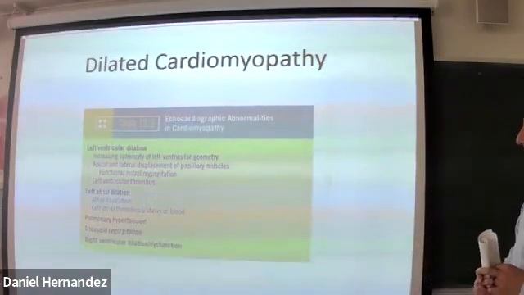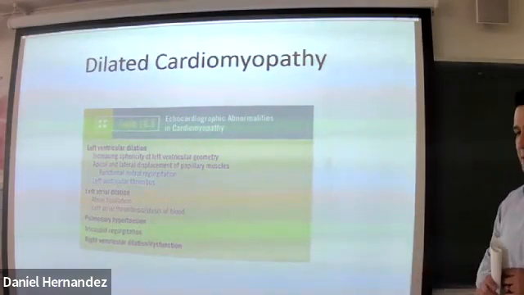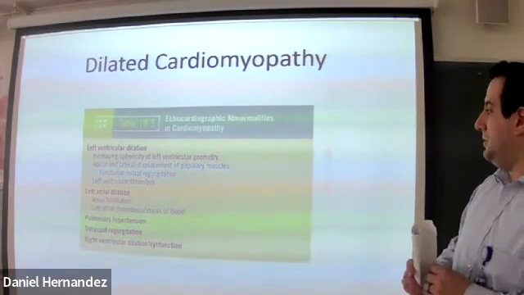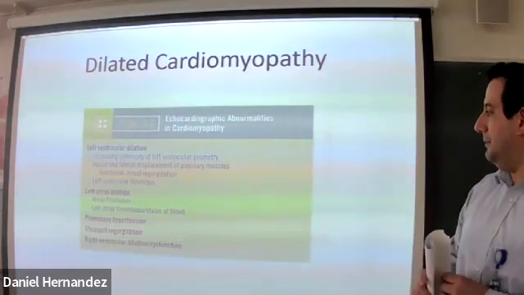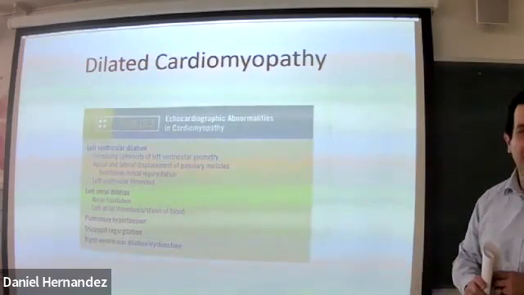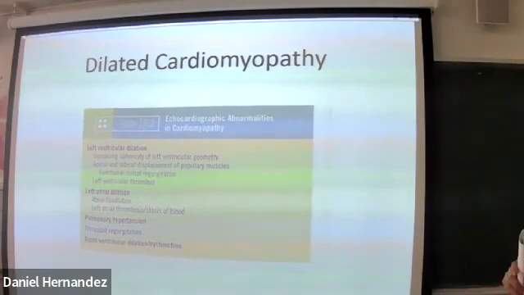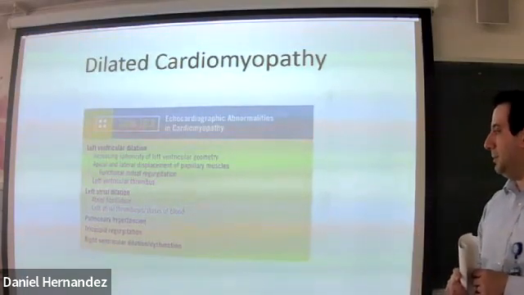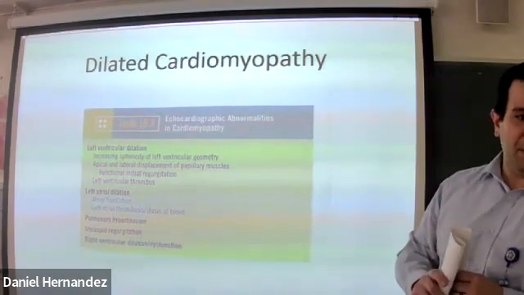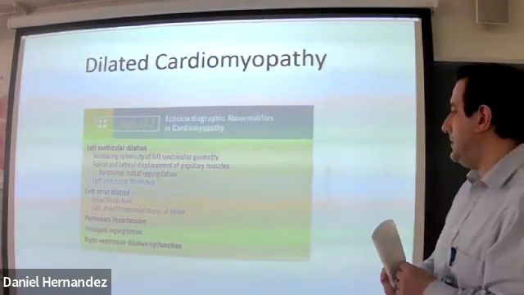They also have secondary left atrial dilatation. This could lead to atrial fibrillation, AFib, and also stasis of blood within the left atrium, so they could also develop left atrial thrombus. All that volume and pressure eventually gets translated back to the pulmonary vascular bed, causing pulmonary hypertension, and it also affects the right side of the heart.